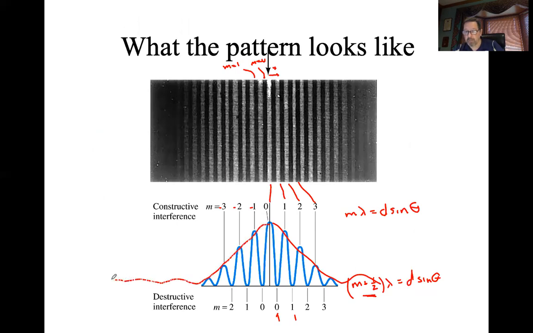There may be a couple of those, each one getting less and less. But in this case, we're only seeing out to that first minimum right here, which happens when p times lambda is equal to a times the sine of theta. And so that's what we're seeing.